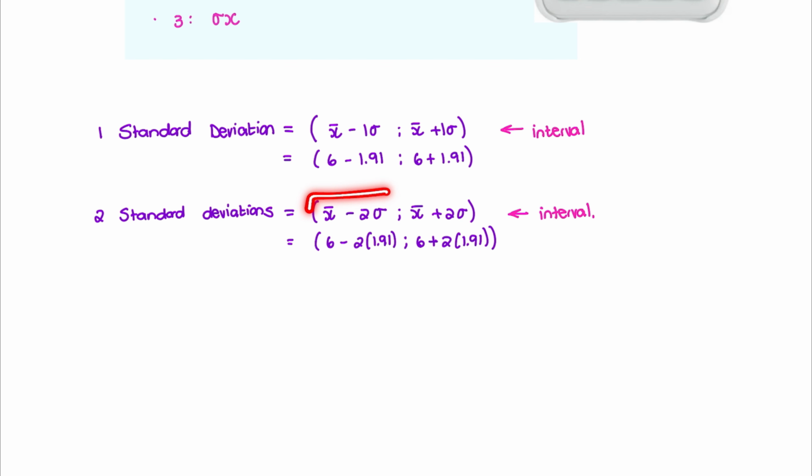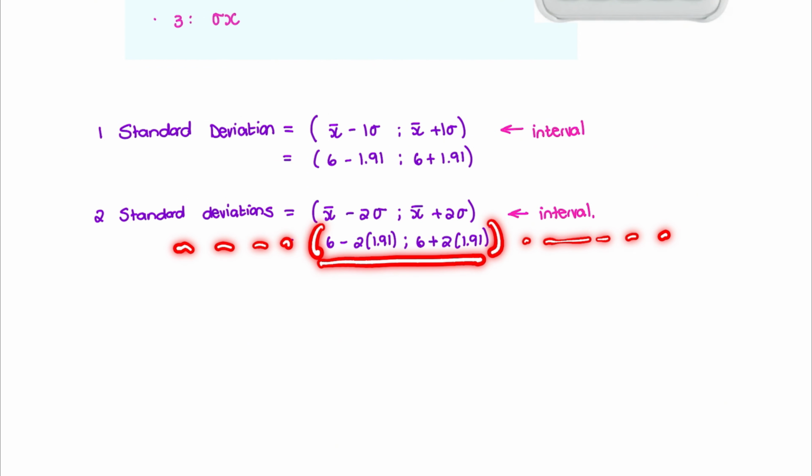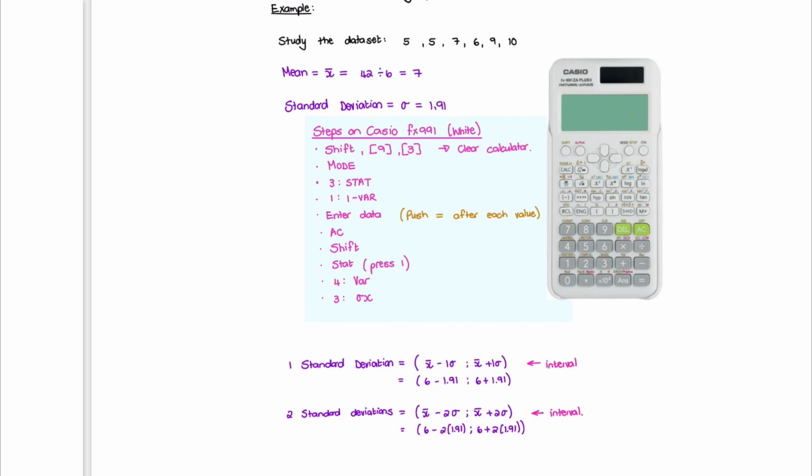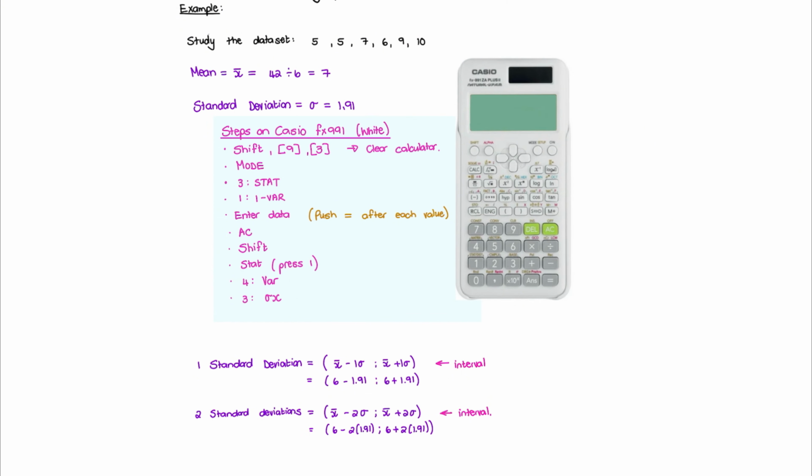For the lower limit, we'd say mean minus 2 times the standard deviation, and you'll have the lower value of the interval. For the upper limit, you would say mean plus 2 times the standard deviation, and that will be your upper limit. Any data point outside of this range would be outside of 2 standard deviations. And that is how we find standard deviation on our calculator and how we use it in terms of interpretation.